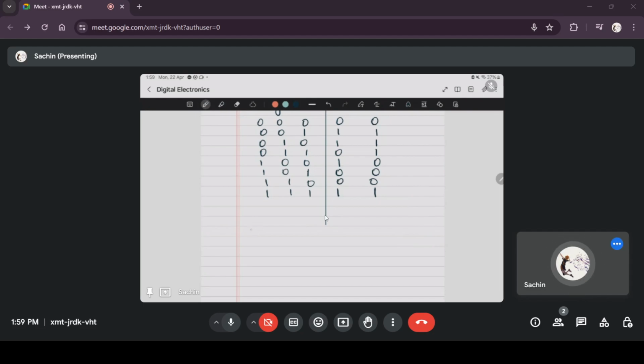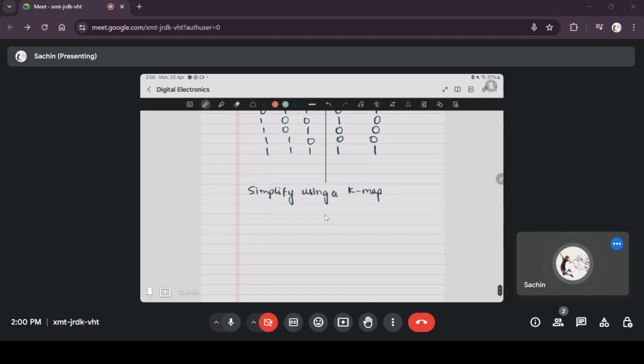From this, you can simplify using a K-map, and you will get the difference is x XOR y XOR b in, and the borrow is x bar b in plus x bar y plus y b in.